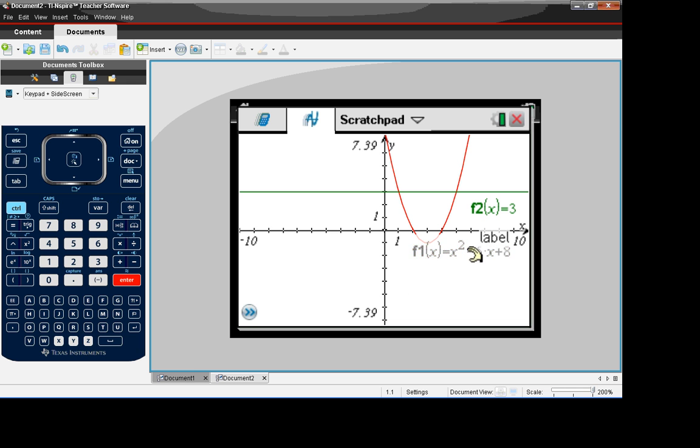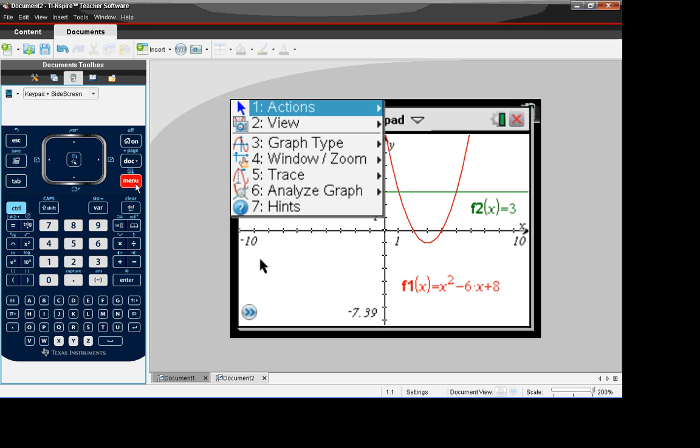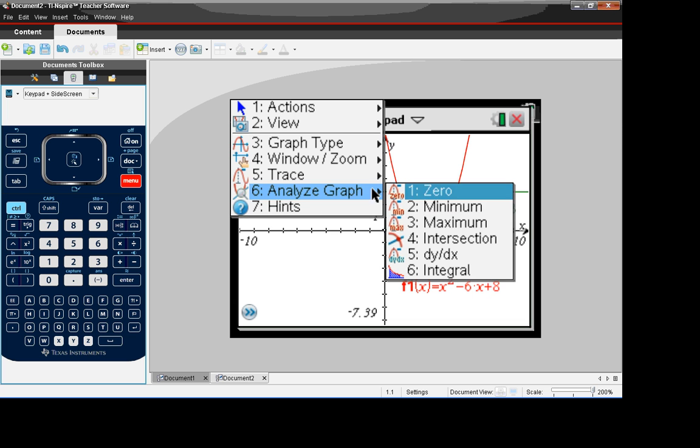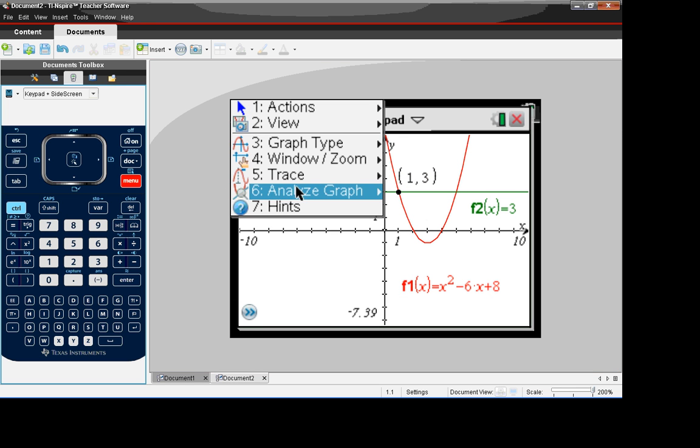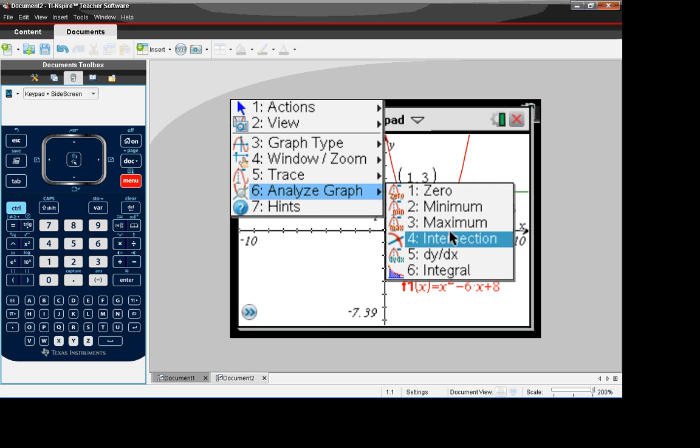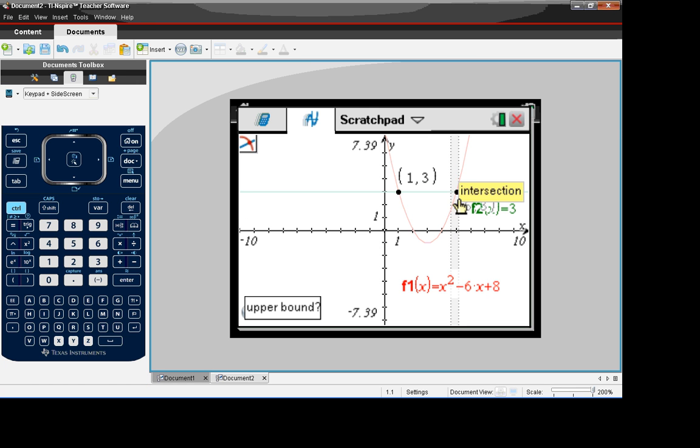So here's my graph, and then I'm going to look at the intersection between these two things by going to Menu, Analyze Graph, Intersection. And so I'll click on the left and right so I can find this point, which is 1, 3. And then I'll do the same thing for the other. Menu, Analyze, Intersection. Click on the left and right for this point, which here is 5, 3.